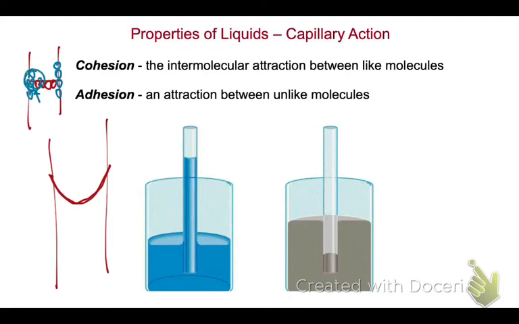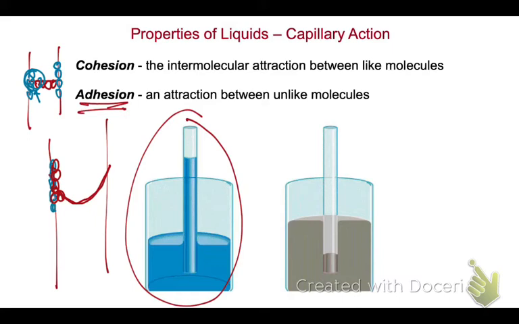Therefore, the water molecules try to increase their interaction with the glass, and more of them go up to interact with the glass, right? And this is a scenario where the adhesion with the glass was stronger than cohesion.